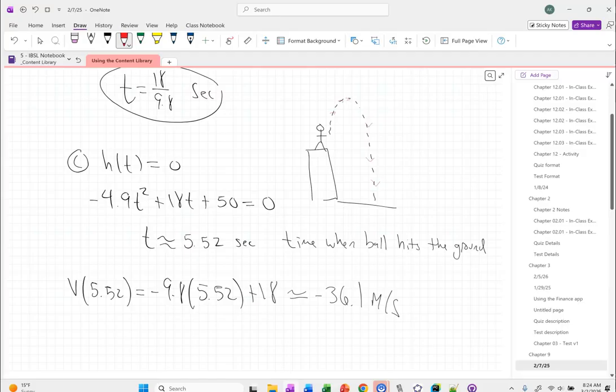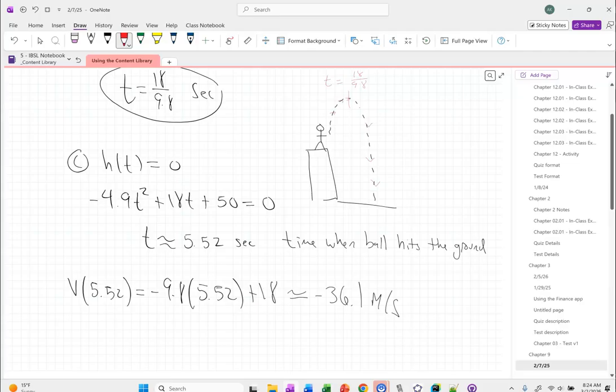The ball's going to have a positive velocity up until this time, which was the first time we solved for when the velocity was 0. At the very top of the arc, the ball stops moving up or down. It's like hanging in the air for just 1 second, and then starts moving down.